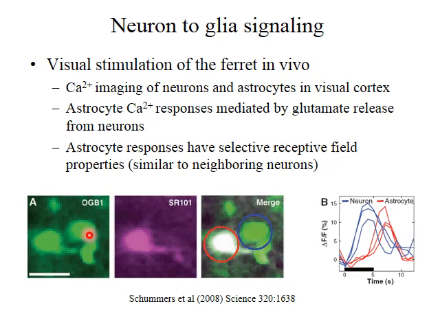The ferret was then stimulated by a visual stimulus to excite the neurons in the visual cortex, and we see that with the activation of the neurons, there is an increase in calcium in the neurons and then a delayed increase in calcium in the astrocytes.